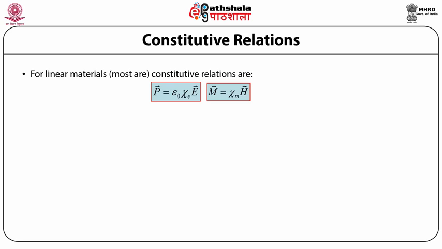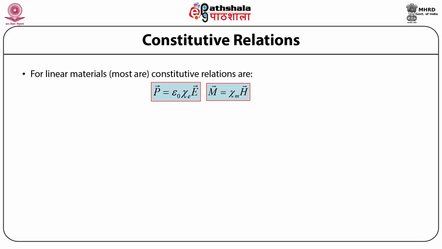So for all such materials that are linear, the electric polarization vector P is defined as epsilon naught times xi_E times the electric field vector E, where epsilon naught is the electric permittivity of free space and xi_E is the electric susceptibility. Similarly, the magnetization vector M is defined as xi_M times the magnetic field intensity vector H, where xi_M is the magnetic susceptibility.